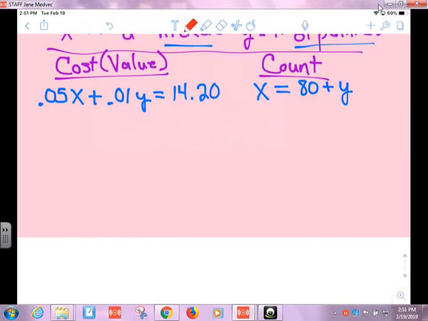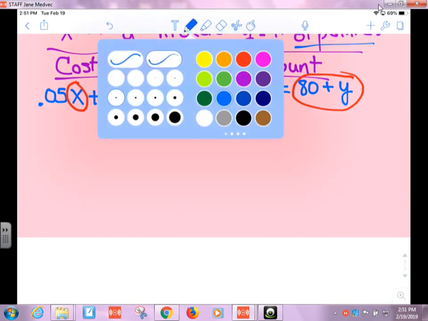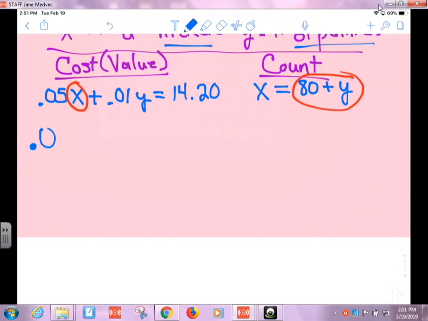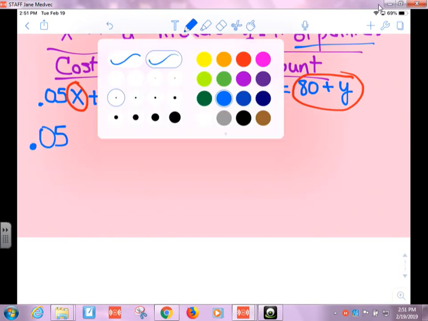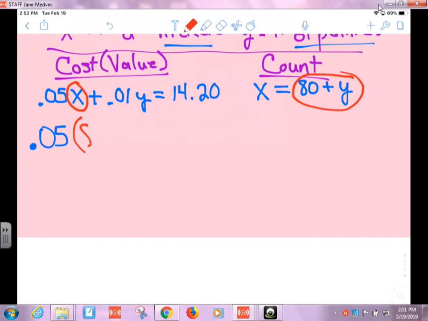So what I'm going to do is circle what X equals. I'm going to circle the X in the problem, and I'm going to plug this in for X. So you're going to notice now, I'm going to use that substitution, 0.05. I'm going to take out X, and I'm going to put in what X equals.